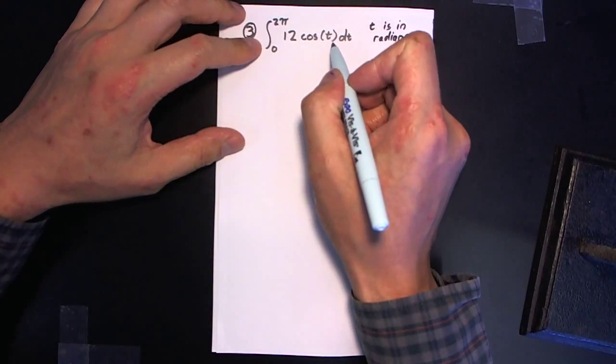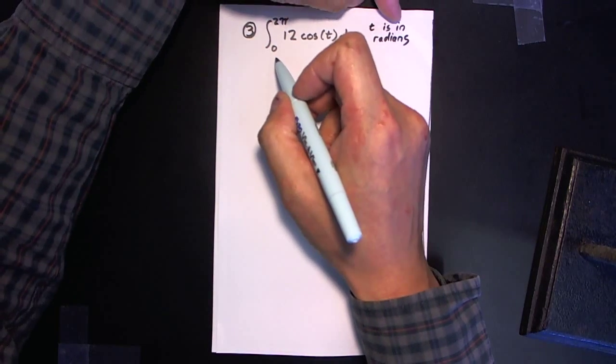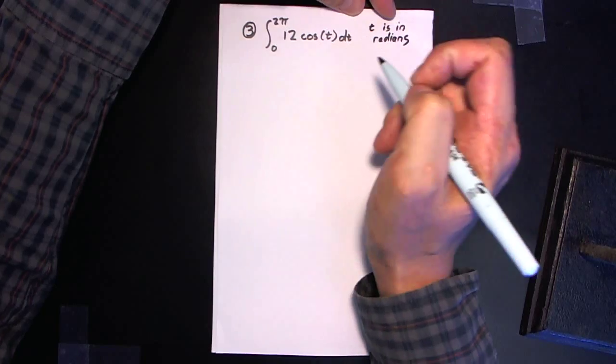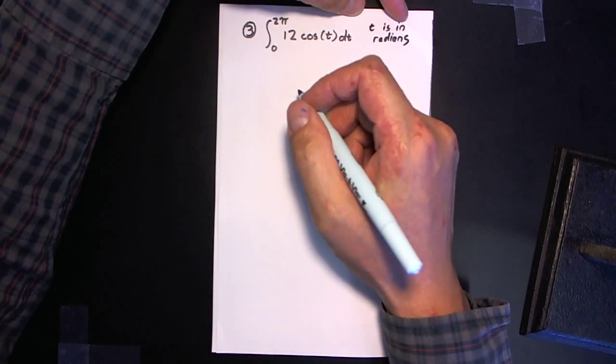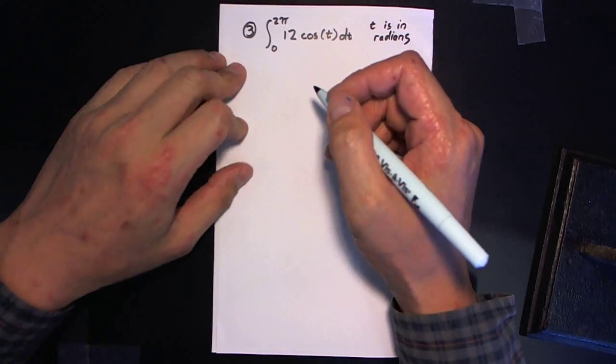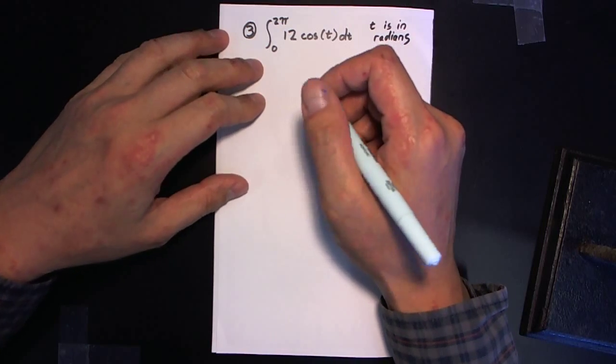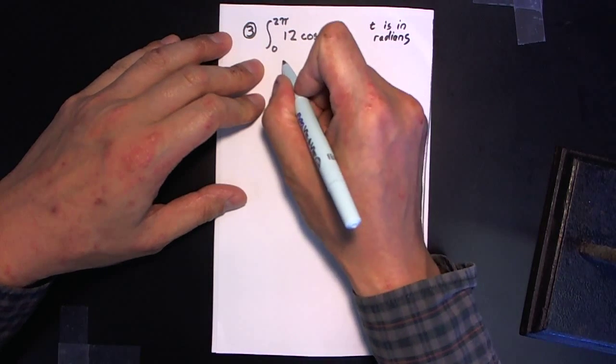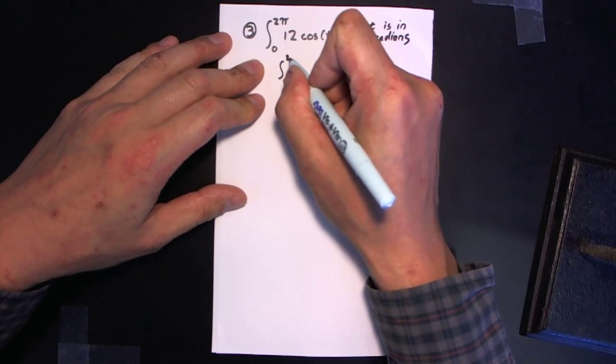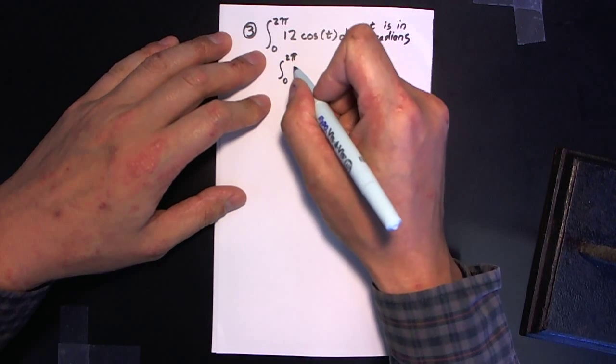All right, so we've got the definite integral of 12 cosine t from 0 to 2 pi. Step 1 is to evaluate the indefinite integral, and I'm going to use a slightly different notation than I did in the last video.